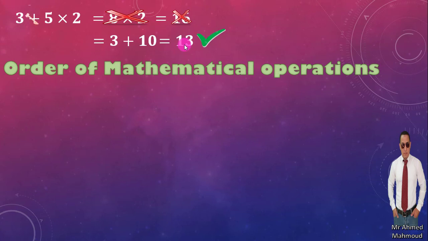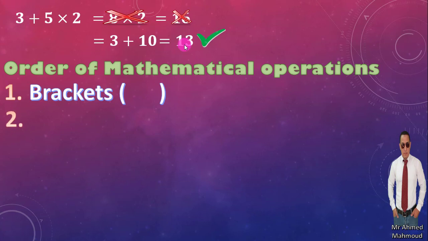If we have an operation that includes, for example, plus, minus, times, divide, powers, brackets, and so on, the first step is that we are going to evaluate the brackets. Again, the first step, we evaluate the brackets. Step number 2, we are going to evaluate the powers.